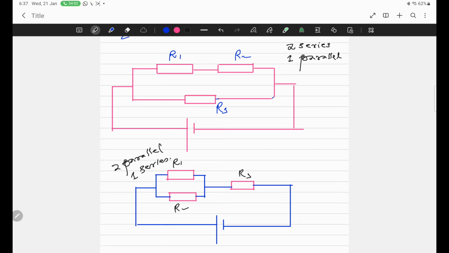In series, total resistance is always greater because total resistance equals the sum of all, R1 plus R2 plus R3. So in series, there is high resistance. In parallel, there is always low resistance. Series high resistance, parallel low resistance. If you have drawn this circuit, then I'm going to start the past paper question.